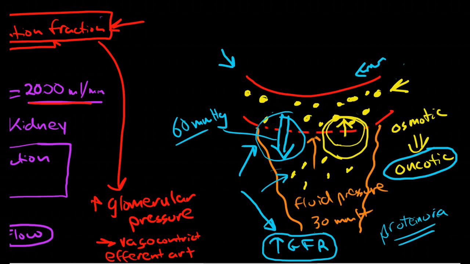Eventually the glomerulus will get so damaged, and many of the glomeruli will be completely ineffective or scarred, and then over time you'll end up with decreased glomerular filtration rate. And we'll talk about that a little bit more when we get into acute and chronic renal failure.